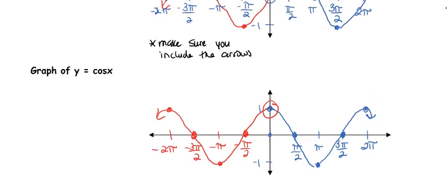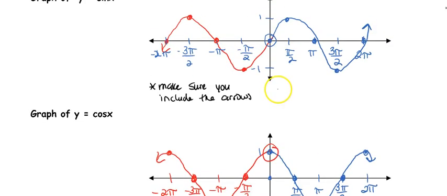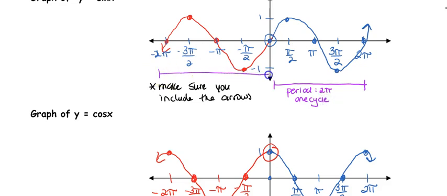So if we go back up to our graphs, from here to here is your period. That is 2 pi, and again, that's going to represent one cycle. This is also one cycle of your graph. Your period is 2 pi, the distance it takes for one complete cycle.